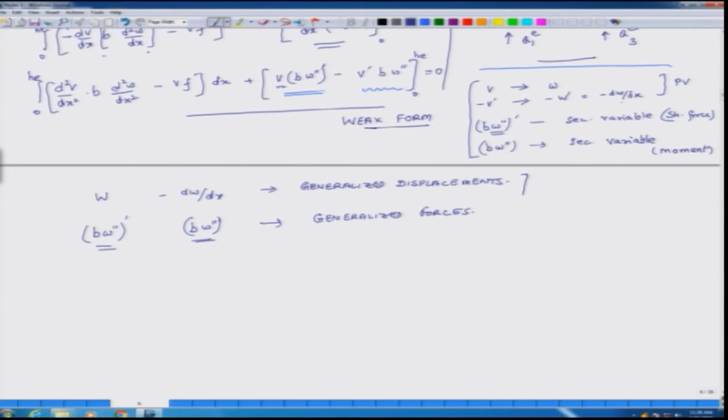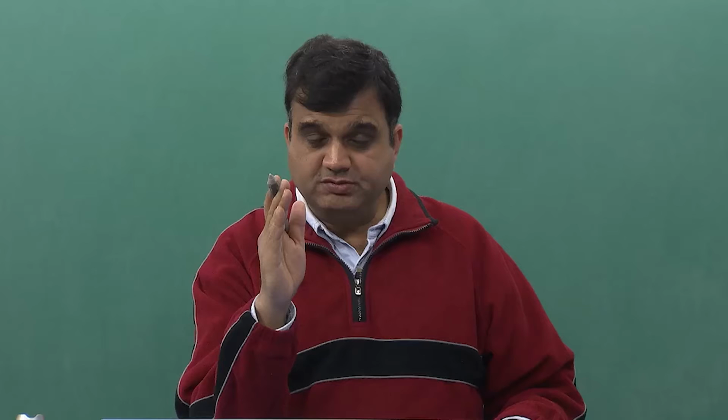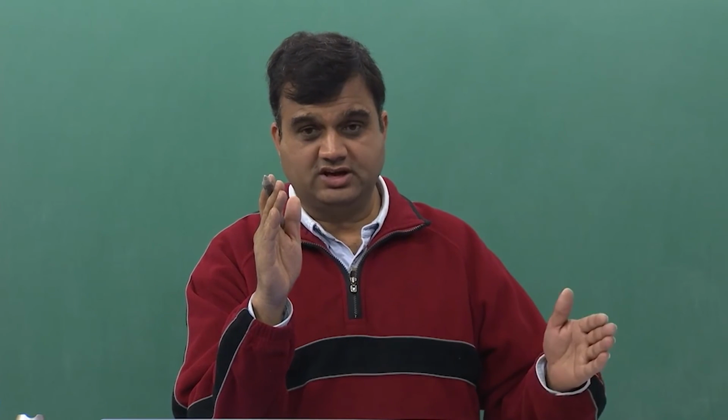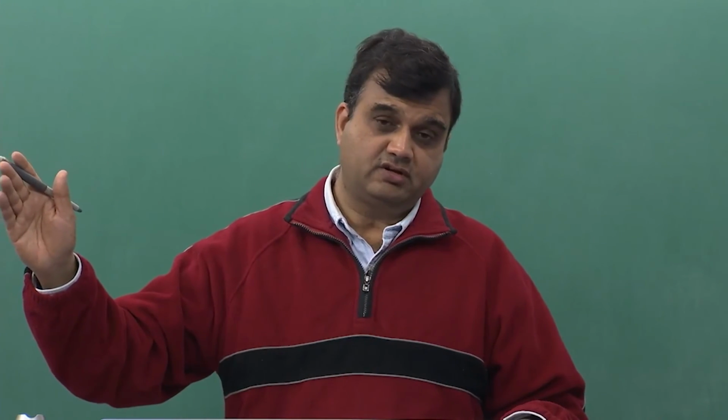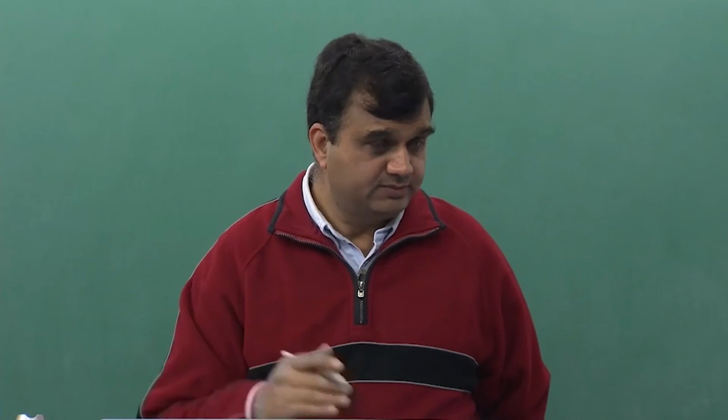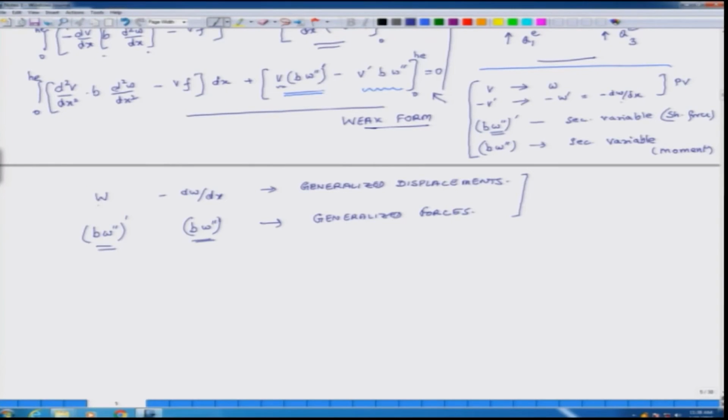So, when I develop finite element equations using the weak form, I will have a vector of generalized displacements on the left side, and on the right side I will have a vector of generalized forces. Okay. So, these are my degrees of freedom.